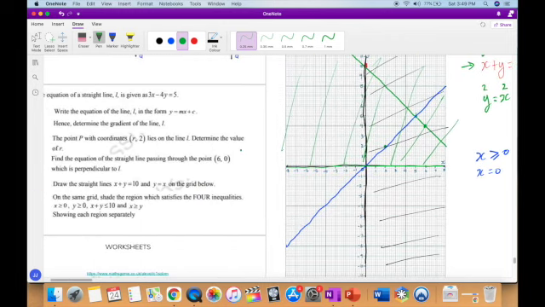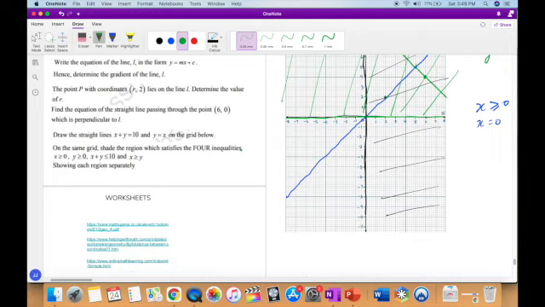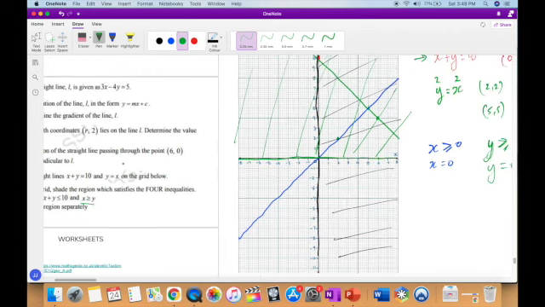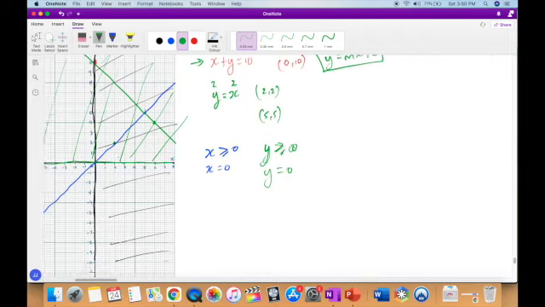And now we have less than and greater than. Let me do this one first, because this one seems like less work. x is greater than or equal to y.